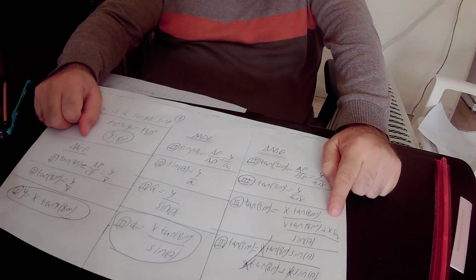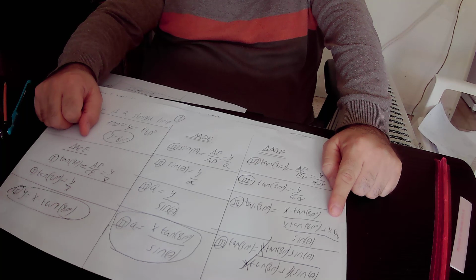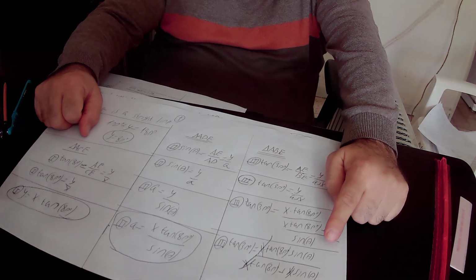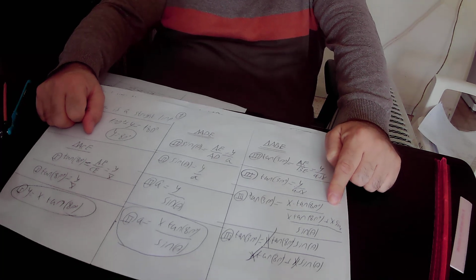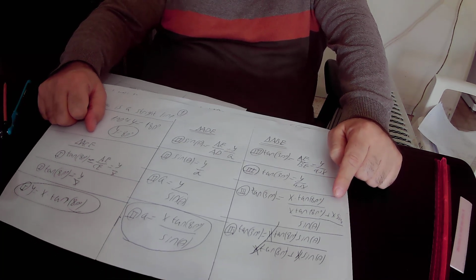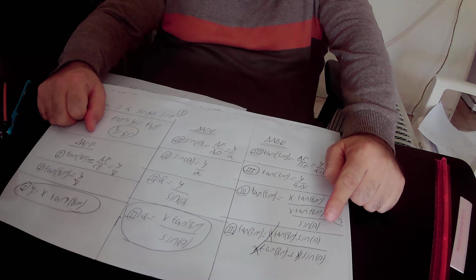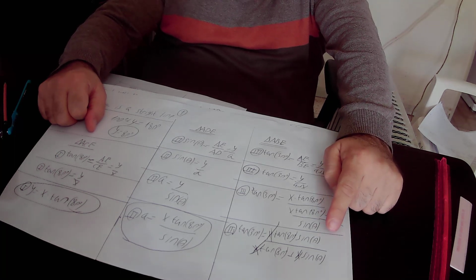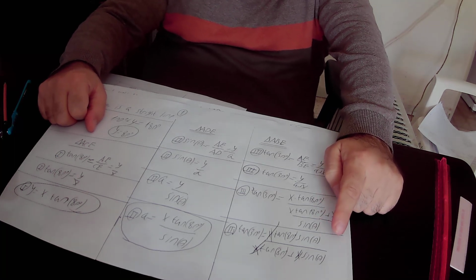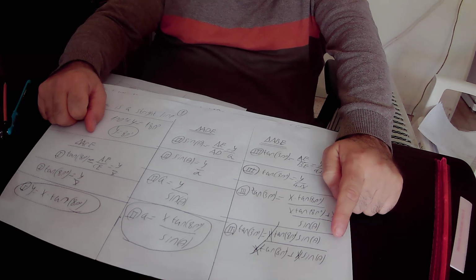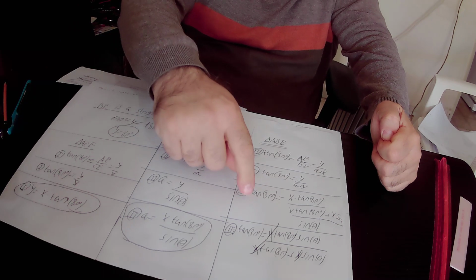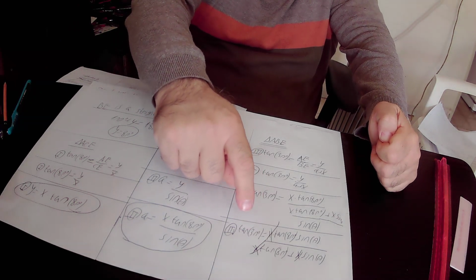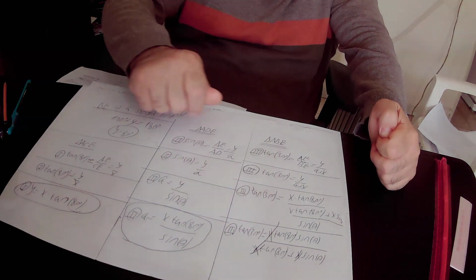Then we moved sine theta from the denominator to the numerator, and we got that tangent 30 degrees equals X tangent 80 degrees times sine theta over X times tangent 80 degrees plus X sine theta. We have X in the numerator and X in the denominator, so X will get cancelled.